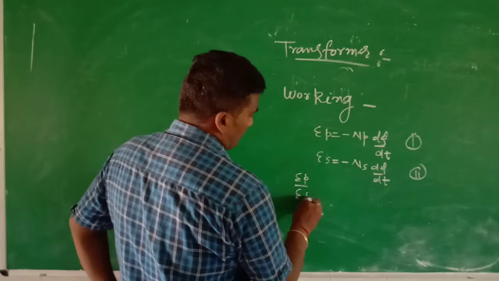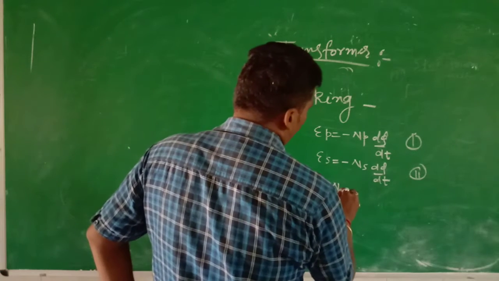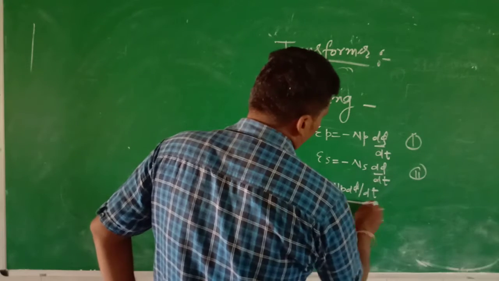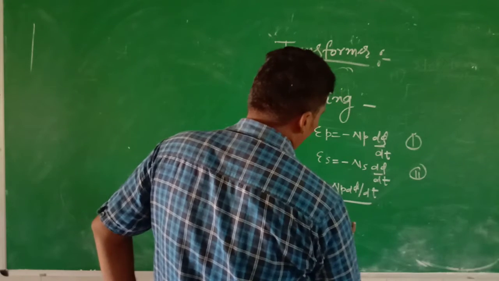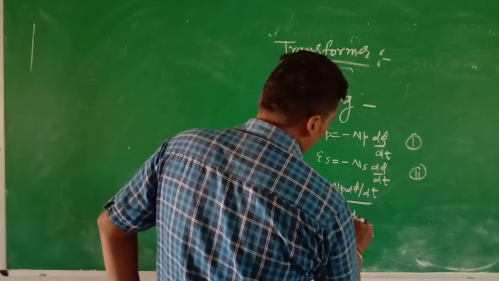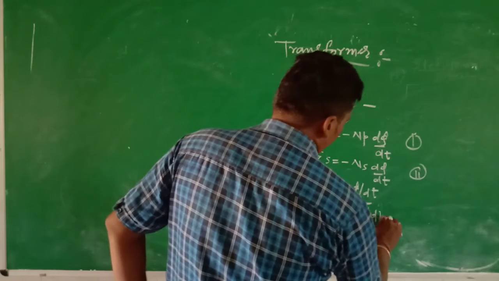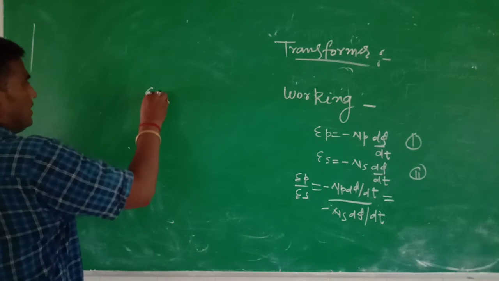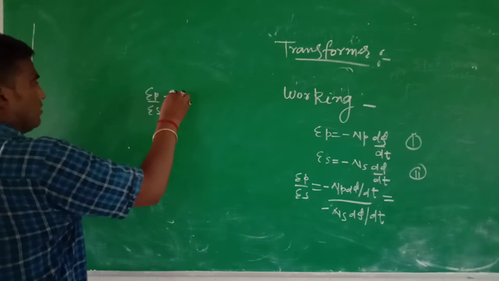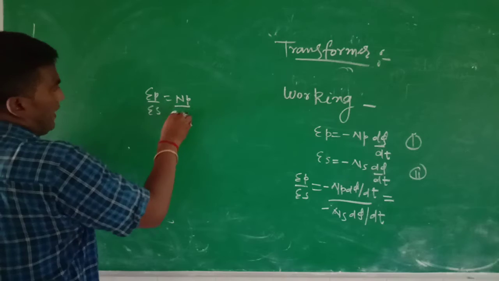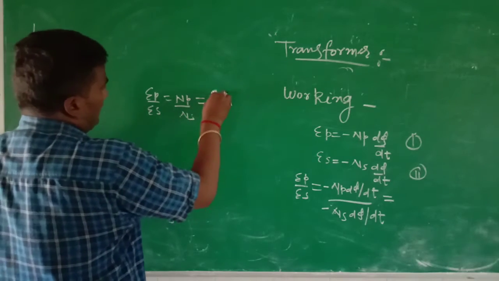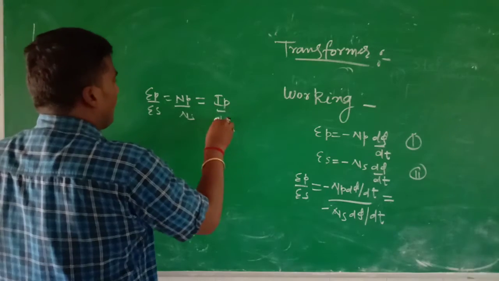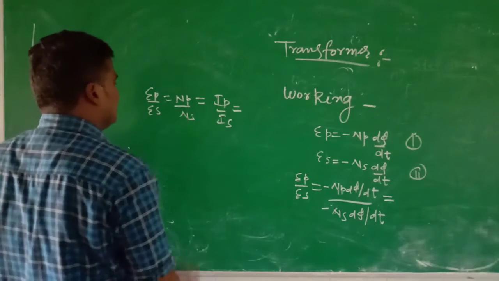EP by ES is equal to minus NP d phi by dt upon minus NS d phi by dt. That gives EP by ES is equal to NP by NS, and we can also identify it in terms of IP upon IS.